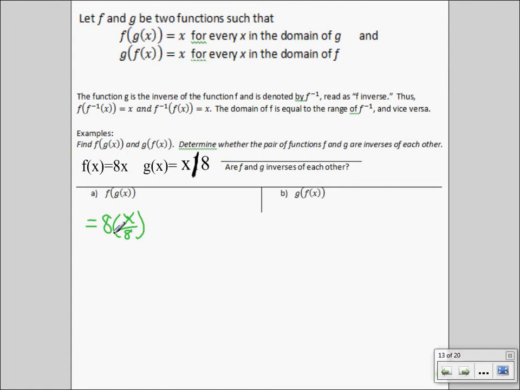So what we did was start off by writing the non-variable portion of the f of x function, and then for the variable part, we just replace it with the g of x function. And if you notice, the two 8's will cancel out, leaving you with just x.